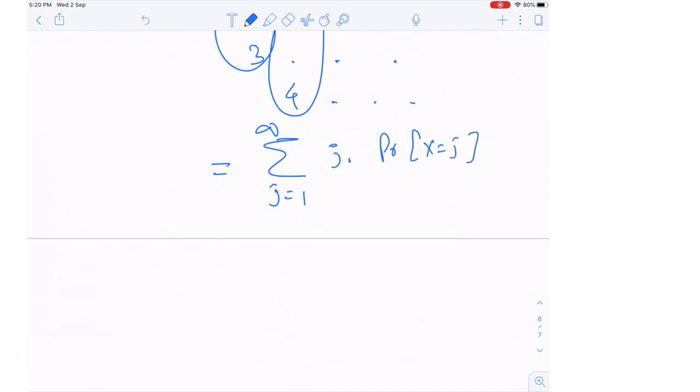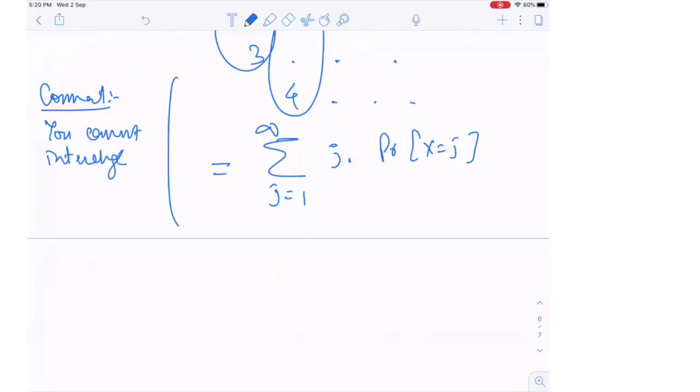Here is a caveat, a comment: you cannot always interchange infinite sums. Here everything is positive, so we can.